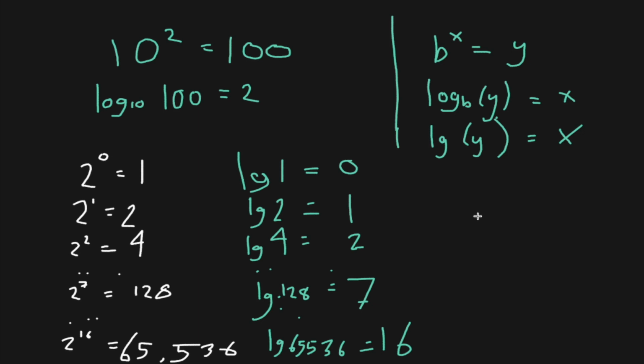Okay, so all we've done is introduce this formula here for the inverse of an exponential with a base of 2. Just to illustrate in this format, that's like saying 2 to the power of x equals y.